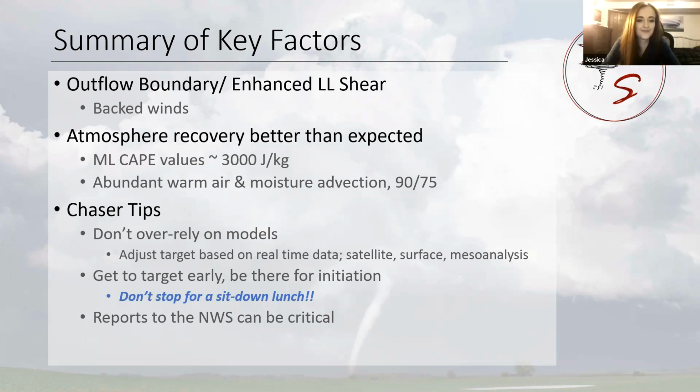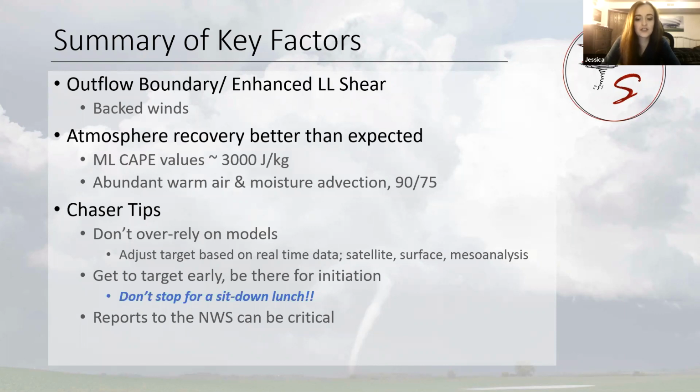You want to talk about this, Jessica? Yeah, it's always just so challenging to anticipate how quickly the atmosphere is going to recover from that early morning convection, because that early morning convection can make or break a chase day.